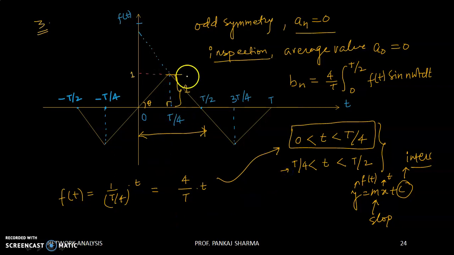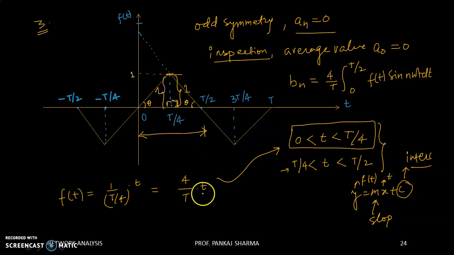Now see this. The slope is negative. The slope is declining. If this is angle theta, this is angle 90 degrees, and the perpendicular remains 1.